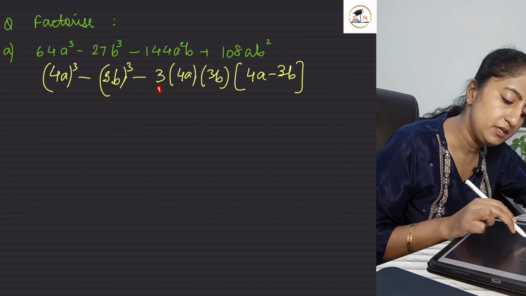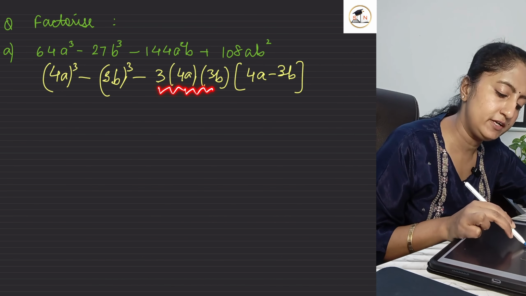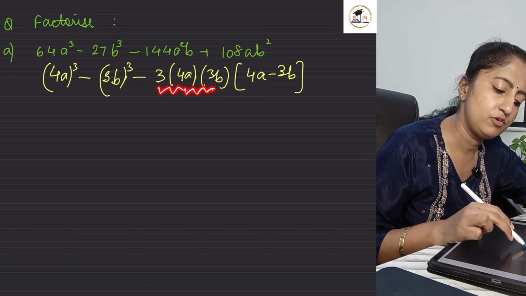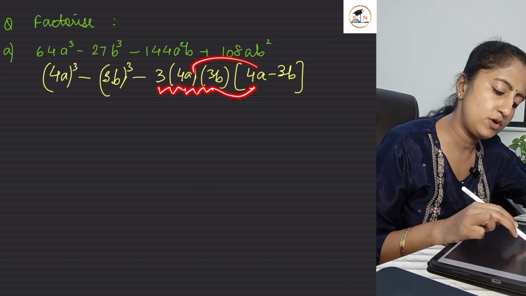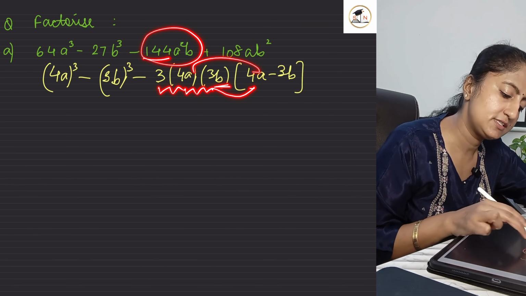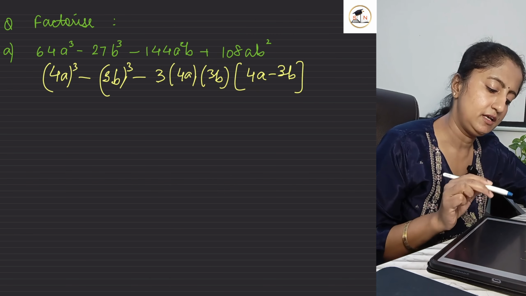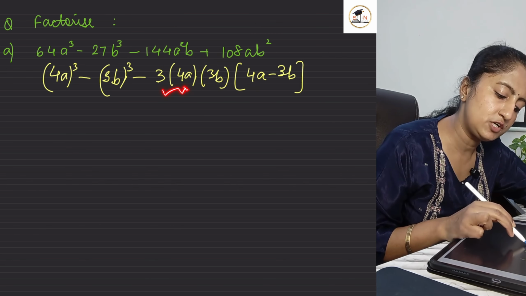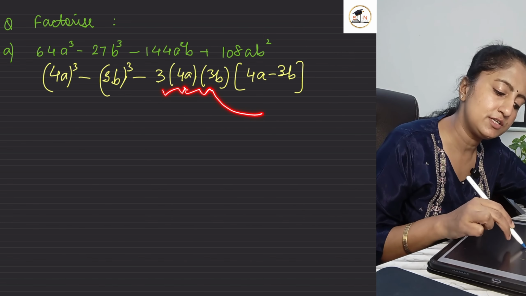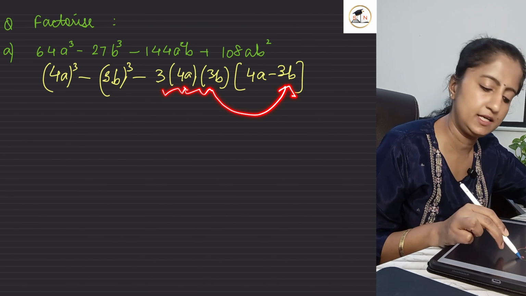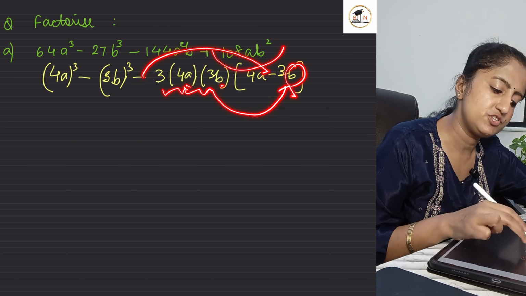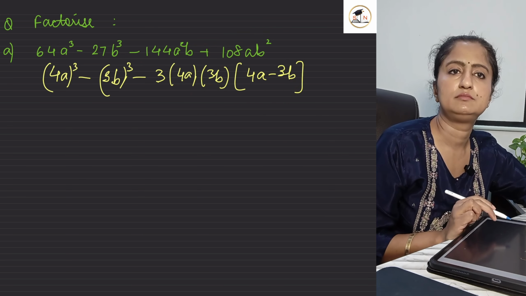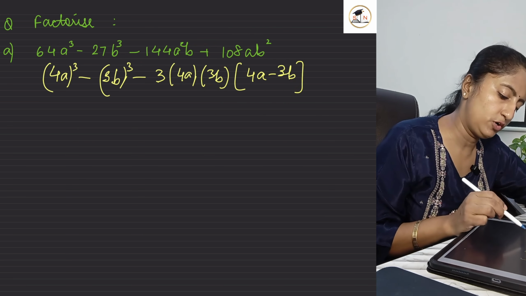And how? 3 into 4 is 12. 12 into 3 is 36. Now, if you do 36 into 4, that is 144. So a square b, which is correct, right? Now, again, 3 fours are 12, 12 threes are 36. 36 threes are 108, minus minus plus ab square, which is correct, right? So what do we get?